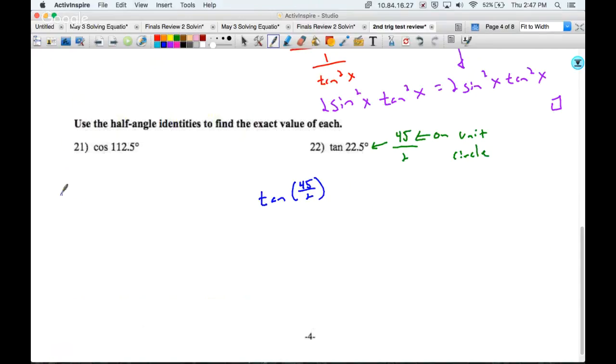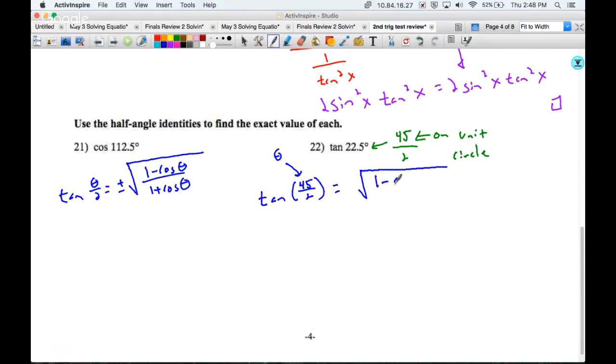I'm going to write down that identity: tangent of theta over 2 equals plus or minus the square root of 1 minus cosine theta over 1 plus cosine theta. 45 is in the position of theta, so this here equals the square root of 1 minus cosine of 45 divided by 1 plus cosine of 45.